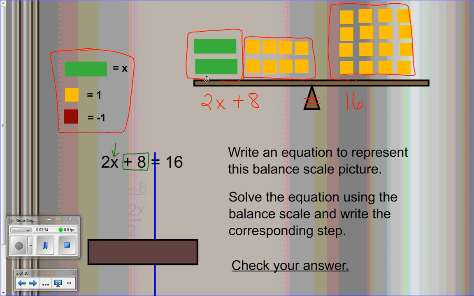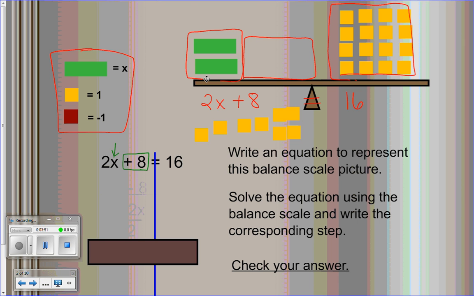If I want to get rid of the 8, I can just take them off the scale. But when I take them off the scale, it is no longer balanced. The left side is going to be lighter because I took some squares off of there.